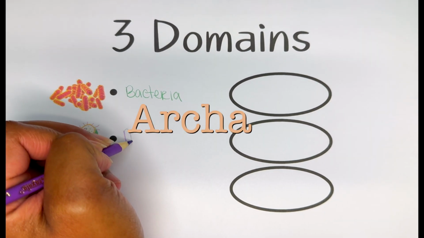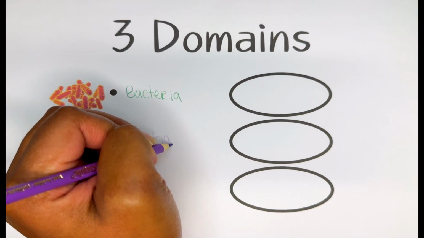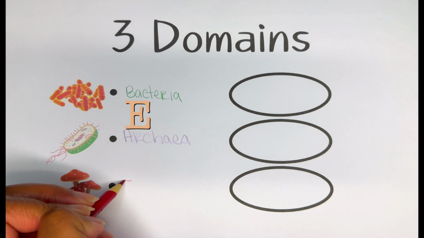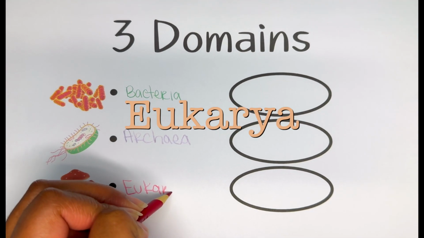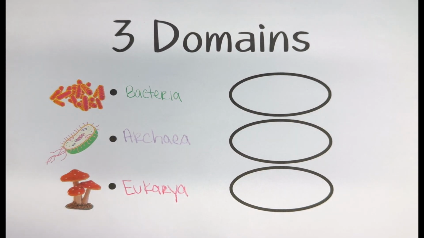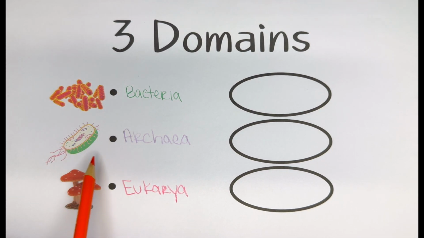Then archaea. Lastly, eukarya. So we have the 3 domains, bacteria, archaea, and eukarya.